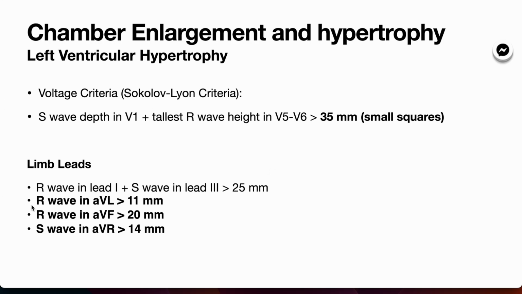Alternatively, if you have a large R wave in the aVL of more than 11 millimeters, that's left ventricular hypertrophy, or what we call LVH. A big R wave at the aVF of more than 20, or a deep S wave on aVR of more than 14, you can consider calling it a left ventricular hypertrophy.